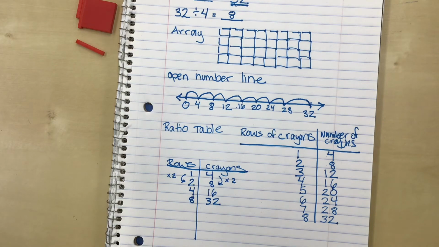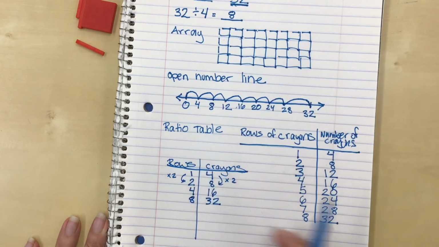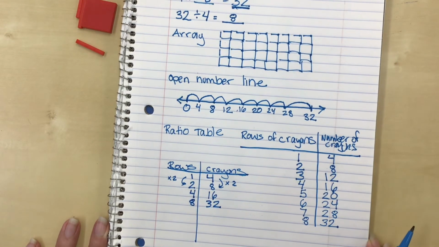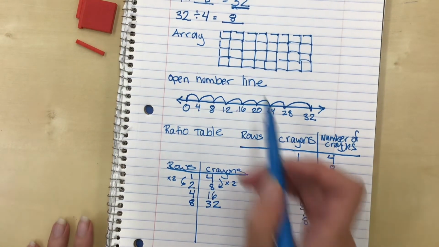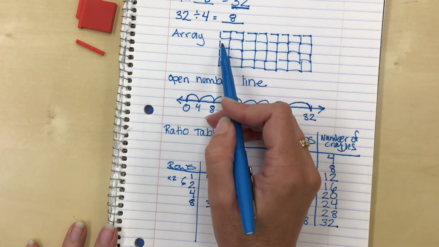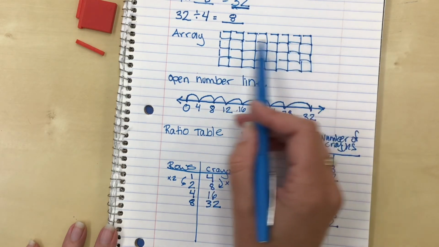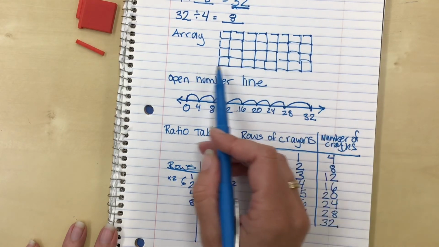If you have the total, which was 32, and you have one of the numbers to divide it by, you could make an array where you use the numbers that you're going to divide it by, and you build it out until you get to that total of 32.